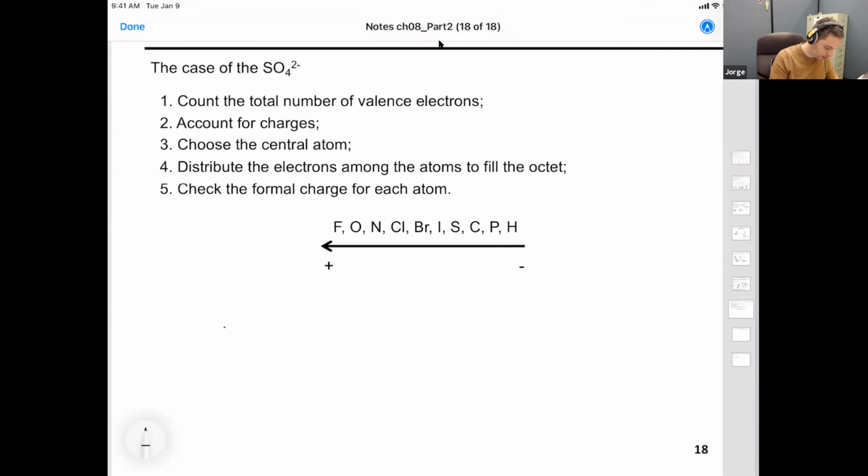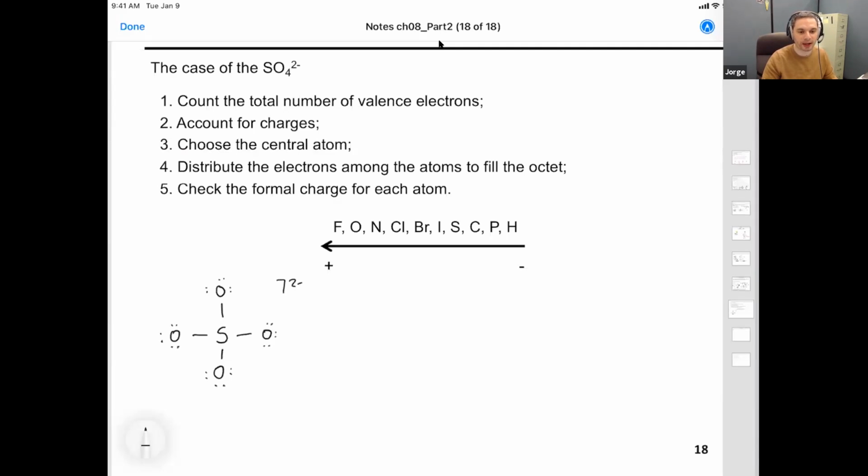Okay. So let's imagine that we have only single bonds. And I'm going to put the net charge here on the outside. And let's complete all the oxygens with 3 pairs of non-bonding electrons.